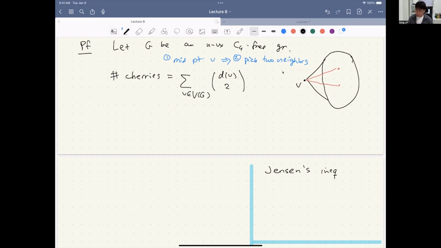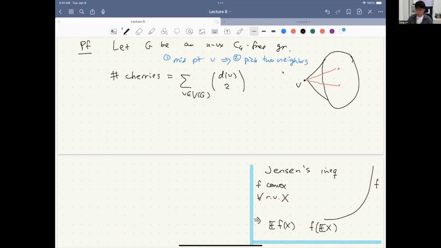Jensen's inequality says if you have a function f that's convex, and for any random variable X, how do we compare the expectation of f(X) versus if you switch these two operations, first take expectation, then take f? How do we compare these two?